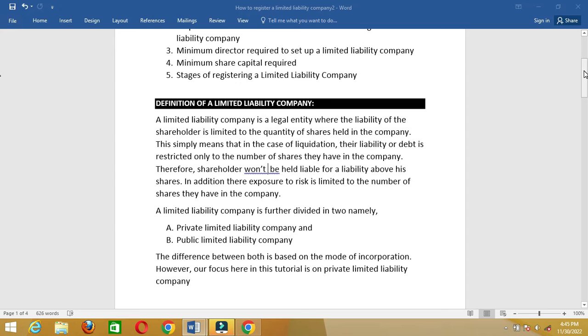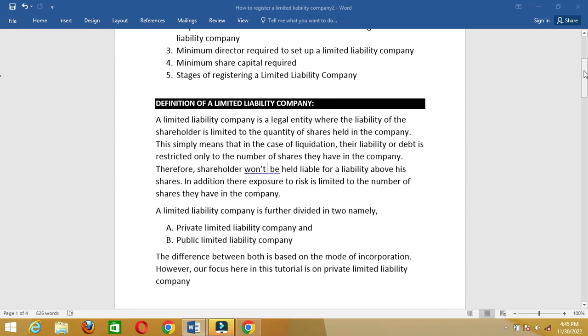Now, this simply means that in the case of liquidation, their liability or debt is restricted only to the number of shares they have in the company. Therefore, shareholders won't be held liable for a liability above their shares. In addition, their exposure to risk is limited to the number of shares they have in the company.